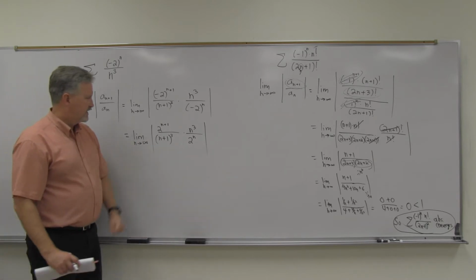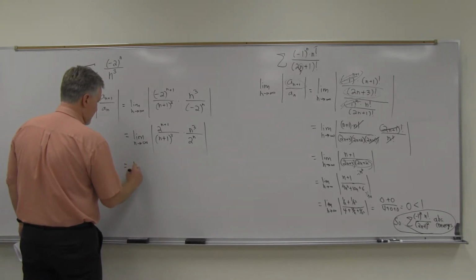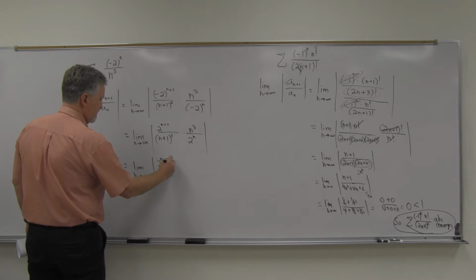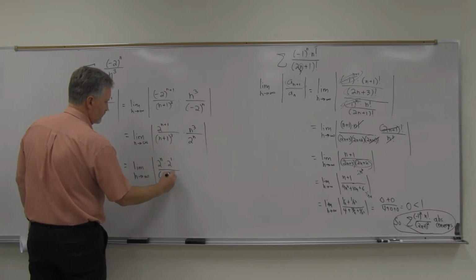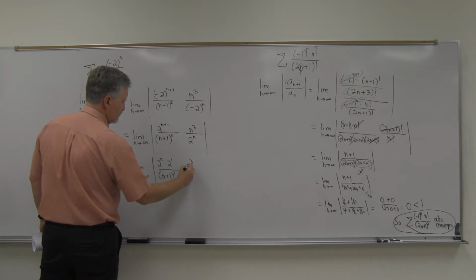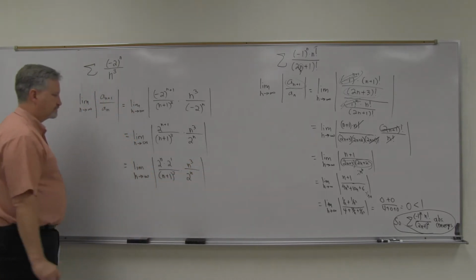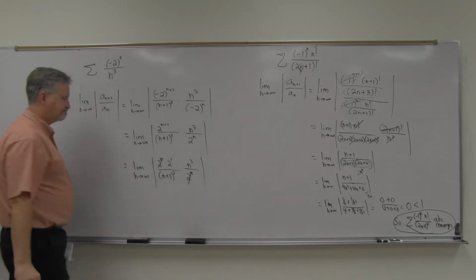All right, now what happens here is, of course, 2 to the n times 2 to the first, split that up. So the 2 to the n's do cancel.